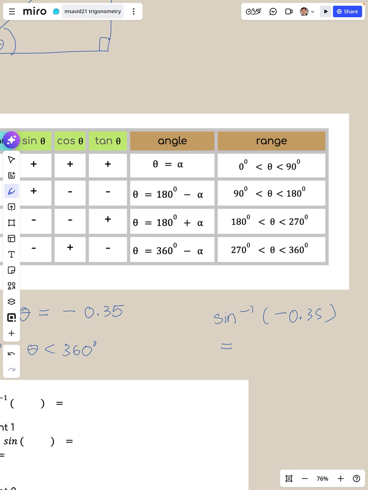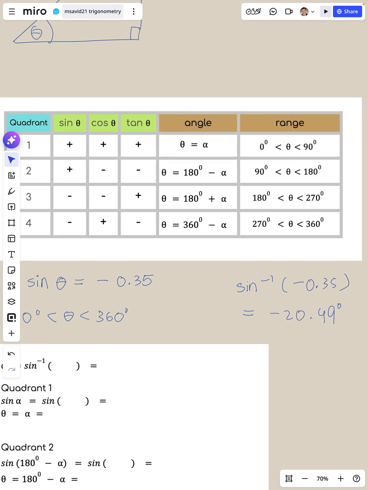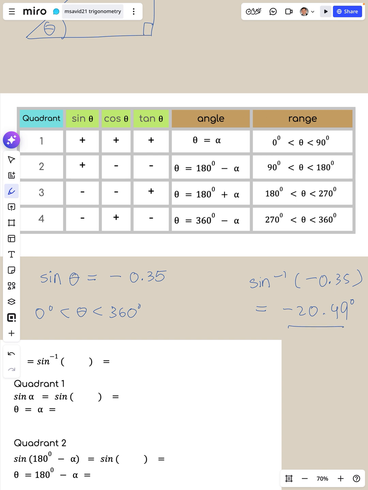You will get negative 20.49 to 2 decimal points. Yeah, we have a problem here. If you give this answer, it will be out of the range. In fact, we are supposed to find values of theta that is between 0 and 360.